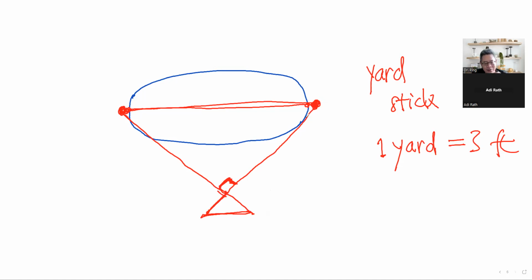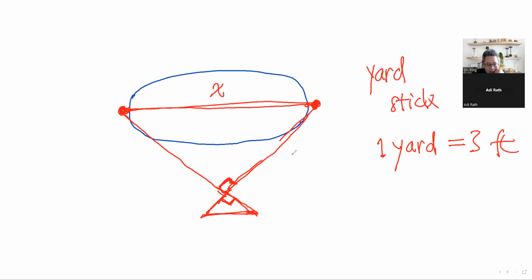Now we've got 2 similar triangles. This is a 90. And we don't know what this is. This is our X. But we can measure from here to here with a yardstick, because this is on the ground.